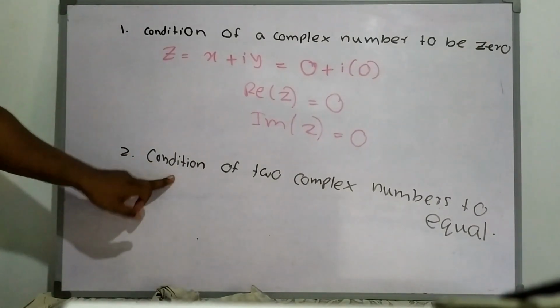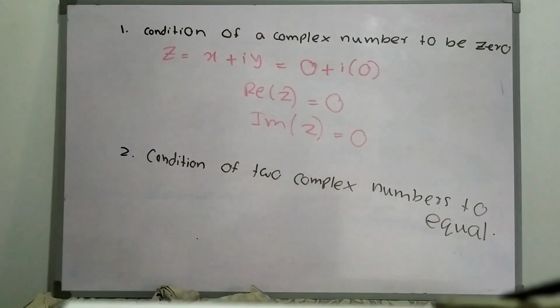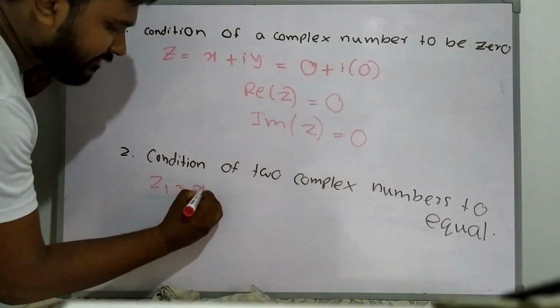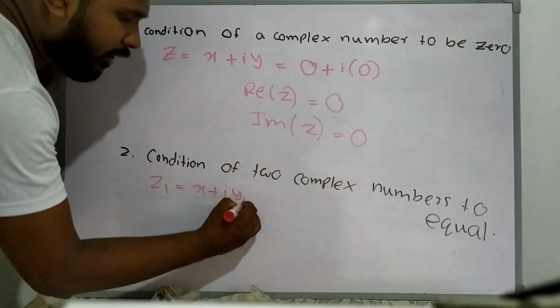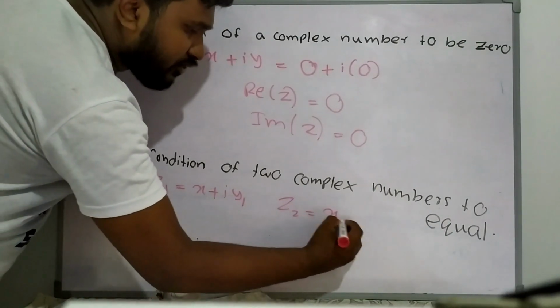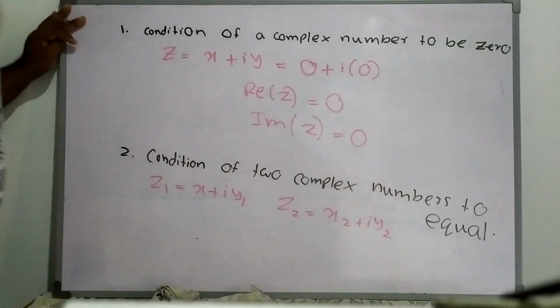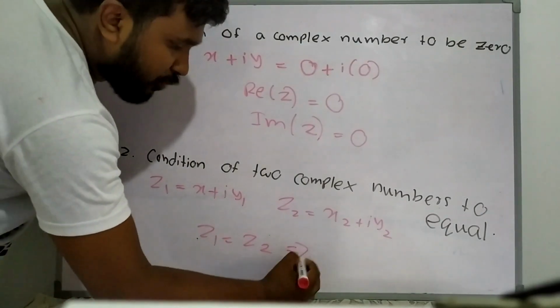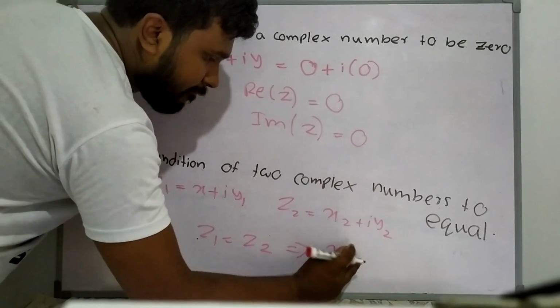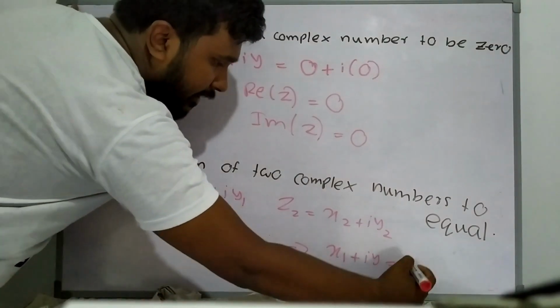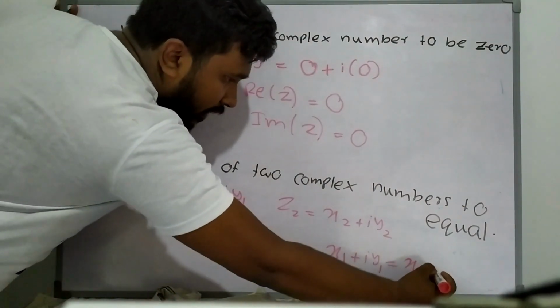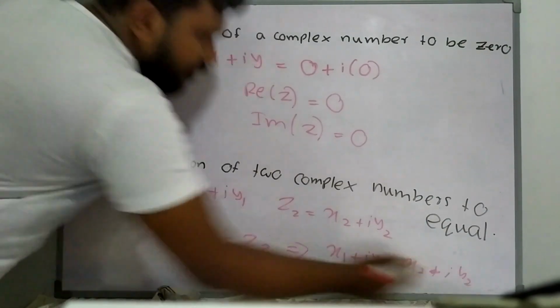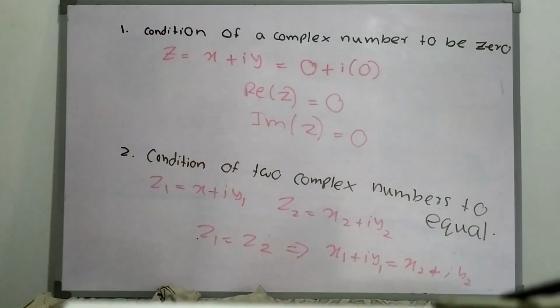What is the condition for two complex numbers to be equal? Assume z1 as x1 plus iy1, z2 as x2 plus iy2. If these two are equal, z1 equals z2, which means x1 plus iy1 equals x2 plus iy2.